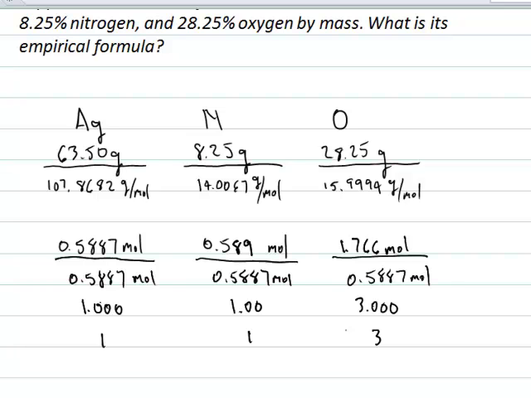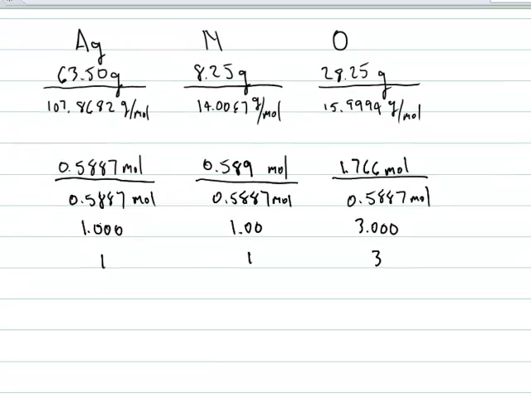But now these numbers will serve as the subscripts for each of those elements in the formula. So for Ag, our subscript is 1. We don't write that. N, the subscript is 1. Again, we don't write that. And O, the subscript is 3.